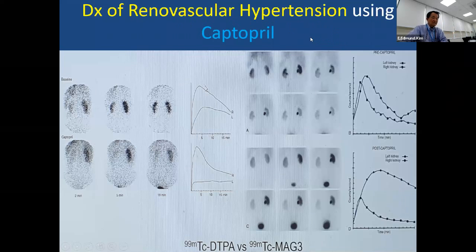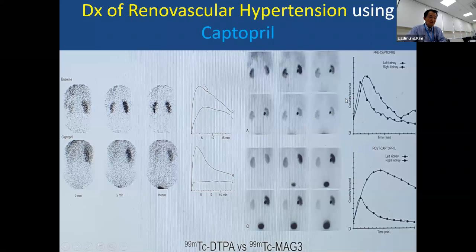But if there is any questionable renal arterial stenosis or intrarenal arterial blockage by extrinsic or intrinsic causes, then you can have this test, usually run with DTPA or MAG3, either one is the same.